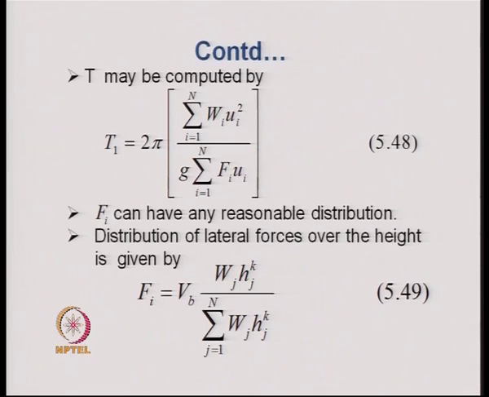The K value, that is the power to which the height is raised, varies. Some codes straight away provide one K value for all cases, while in some codes we have different K values for different time period regions.